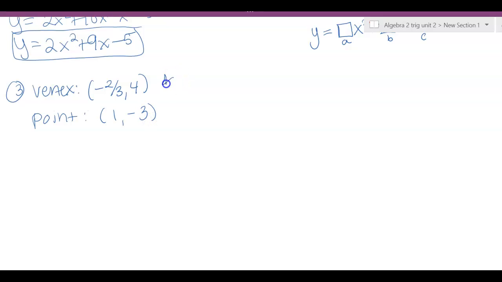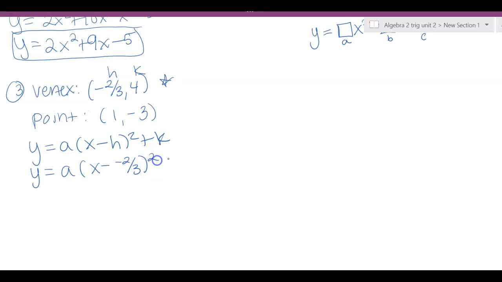If they give you the vertex, that tends to make me want to use vertex form, because remember, in vertex form you have your h and your k, and I can immediately plug those into my equation. So I'm replacing h with -2/3 and k with 4, and that minus -2/3 ends up being plus 2/3. So I have this equation, and really the only thing I'm left to find is a.